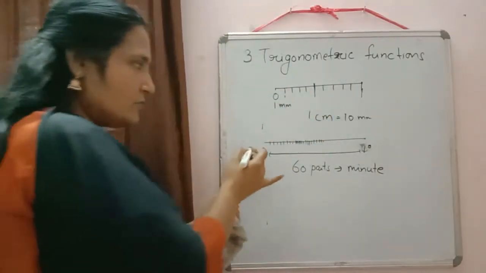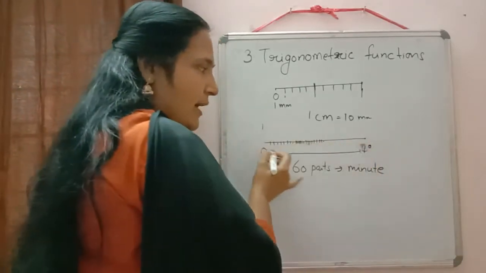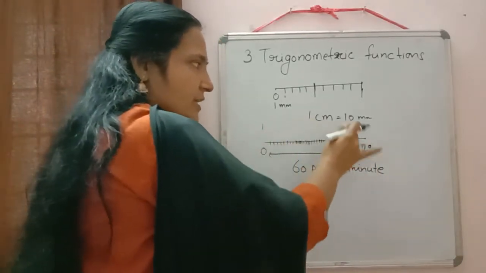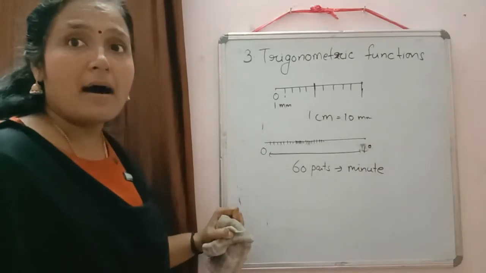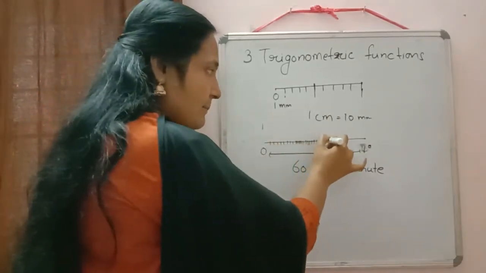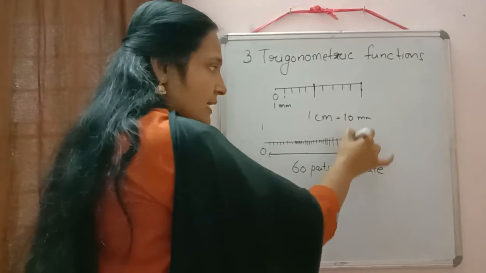So between 0 degree and 1 degree, that portion is divided into 60 parts.